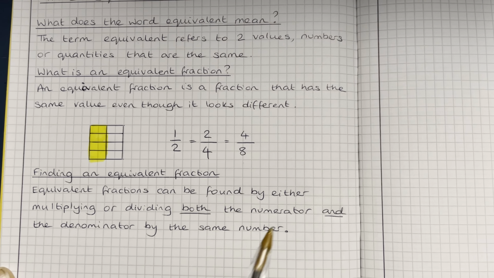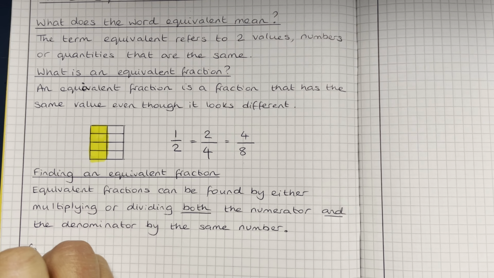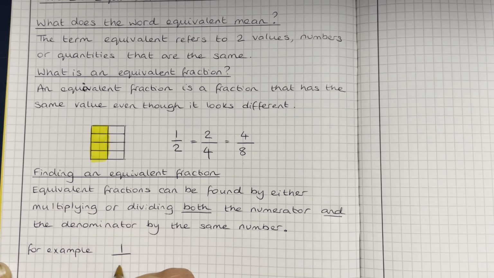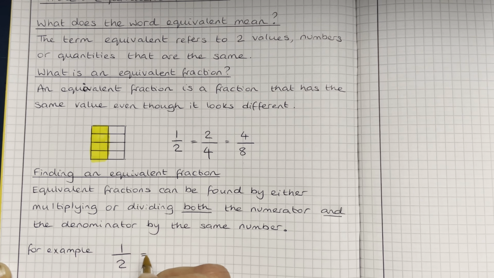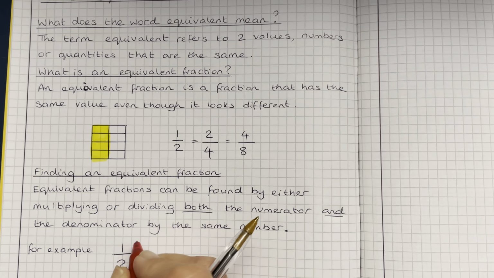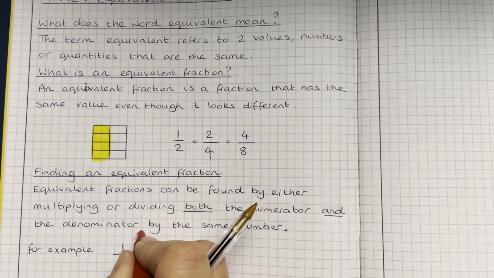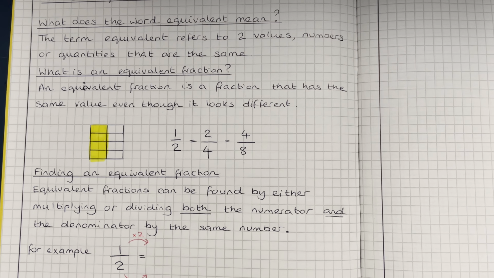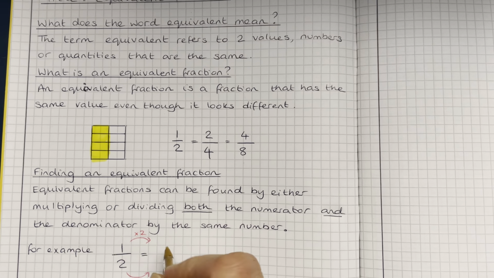So let's have a look at the example that we had here. For example, if I have 1/2 and I want to create an equivalent fraction of 2/4, I need to multiply my numerator and my denominator by the same number, in this case 2.